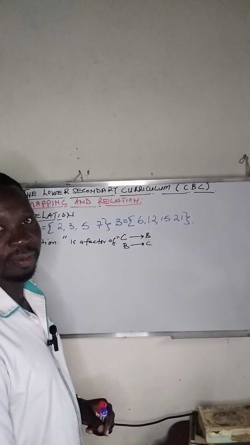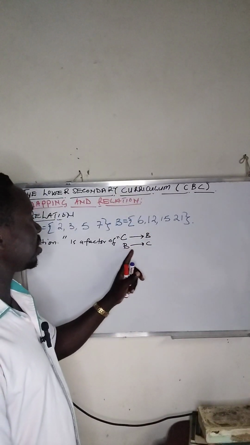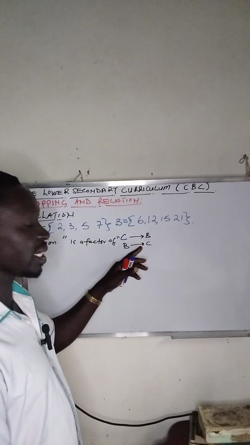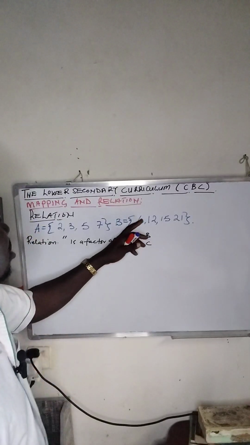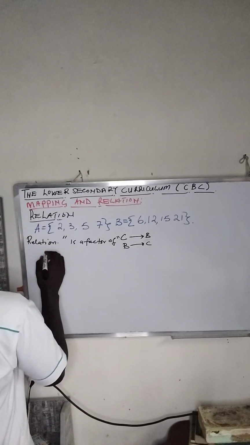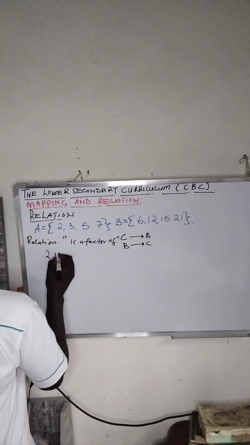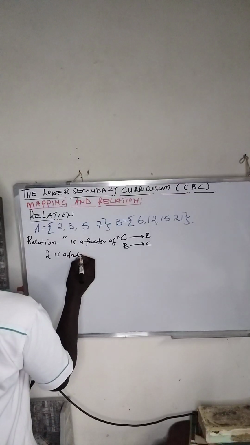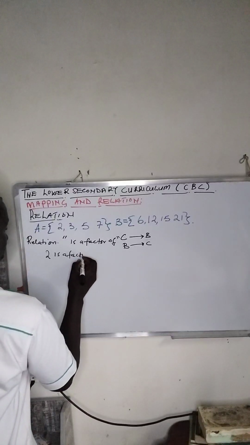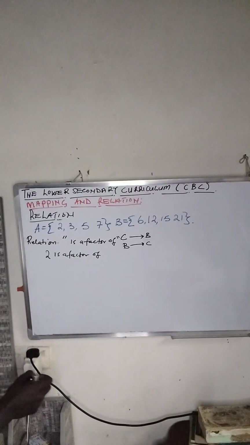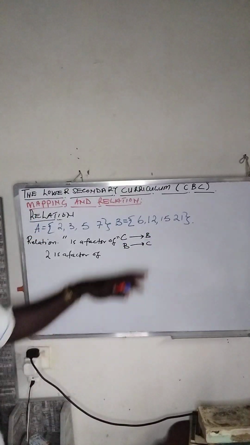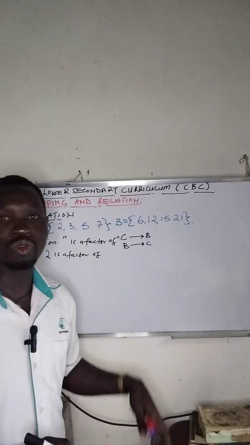Are you seeing that one? Then when we change B to be the factor of this one, remember, you have to understand this. Now let us just look at these two numbers here. For example, a 2 here. When we say is a factor of, let us look at within this: which numbers within this one are factors of 2?